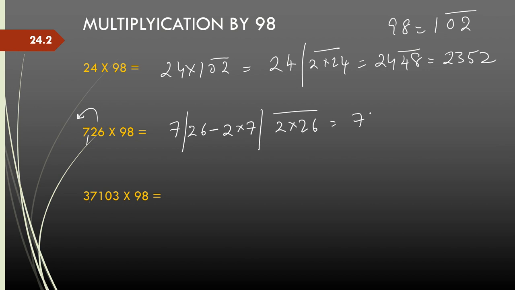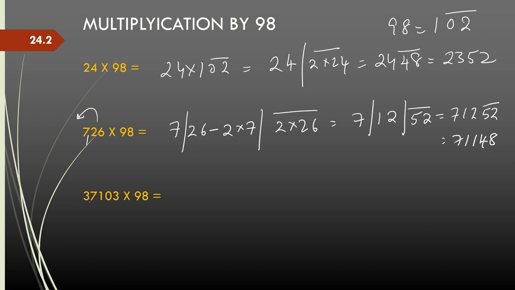So, this will take the form 7, 26 minus 14 is 12 and then bar 52. There is no extra digit, so there is no passing. So, this is 7, 1, 2 bar 5, 2. Now, if I convert this to normal form, this will be 7, 1, 1, complement of 52 is 48. So, 71148 is the product of 726 and 98.